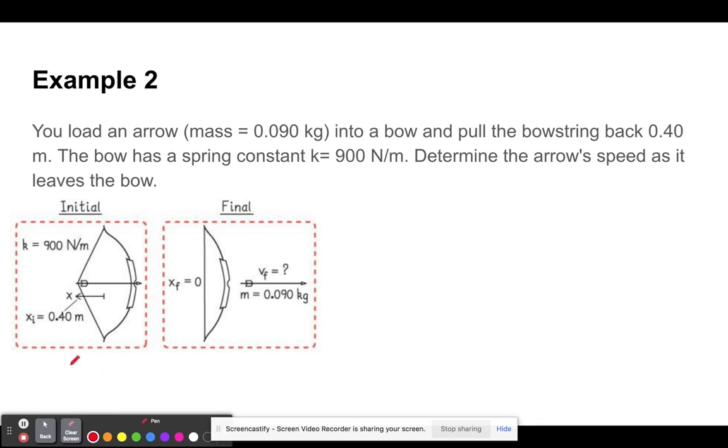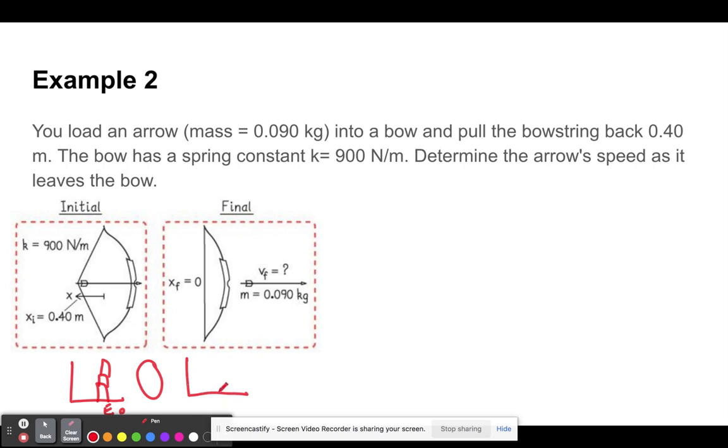So at the beginning, if I'm thinking about an LOL chart, I've got some elastic energy. I'm just going to do 3 boxes because I'm running out of space. So I've got elastic energy, or you could say US, whatever your flavor is. There's no energy if I'm going to choose the bow and everything as my system.